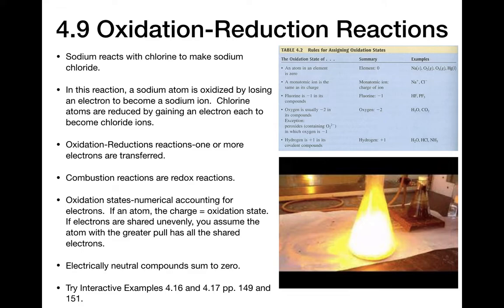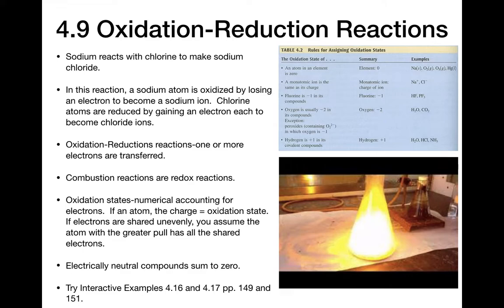Oxygen will almost always be -2. A couple exceptions are when it's with fluorine, it's positive 2, and when it's in the peroxide ion, which is O2 2 minus, it is negative 1. Hydrogen's almost always going to be positive 1, the exception being with metals, hydrogen will be negative 1.